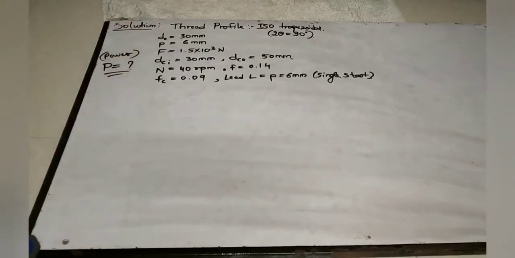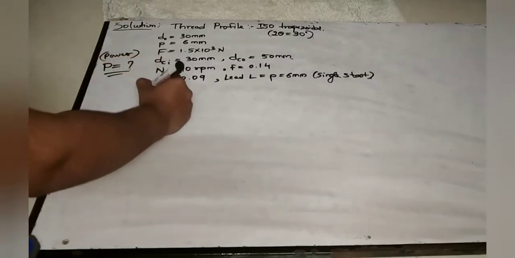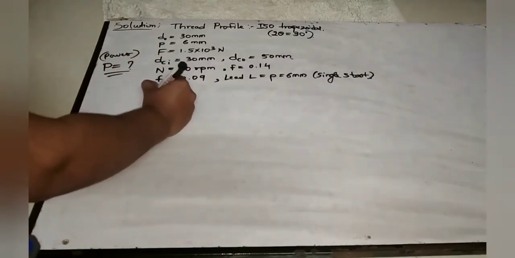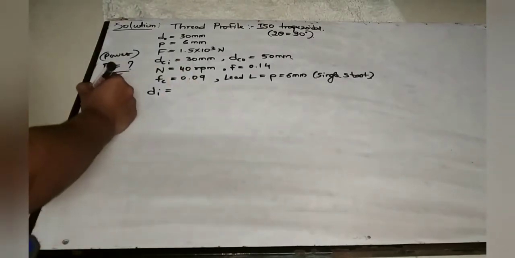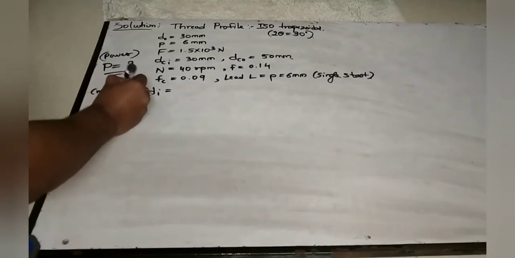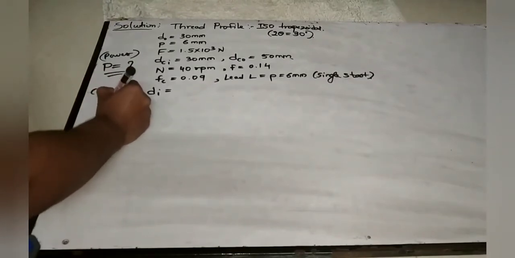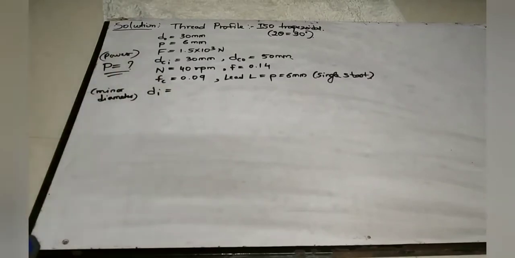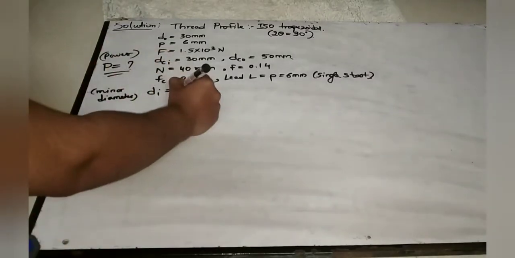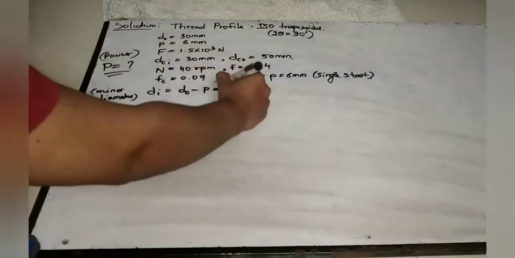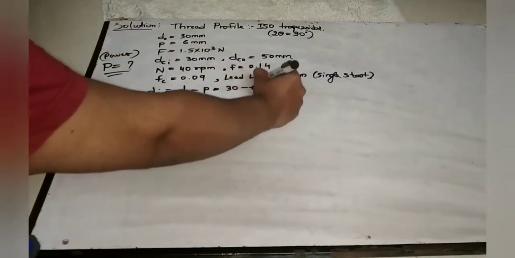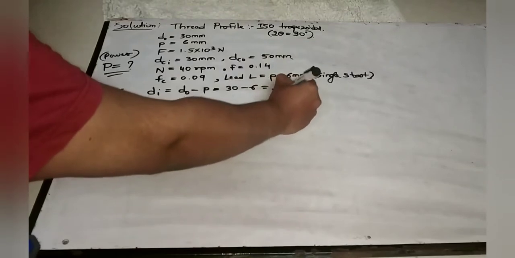Now you have got outside diameter of a screw. So inside diameter, that is DI, inner diameter of a screw, or it is also called minor diameter. What is the relation we have seen in the previous lecture? Outer diameter minus pitch. So 30 minus 6 is equal to 24 mm.